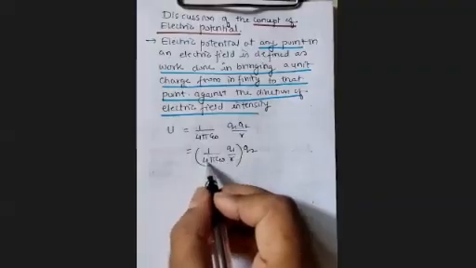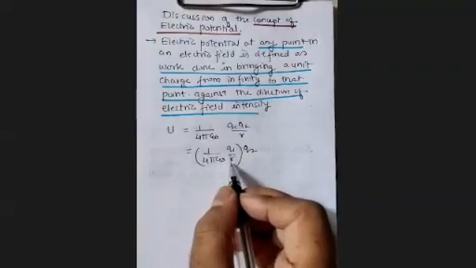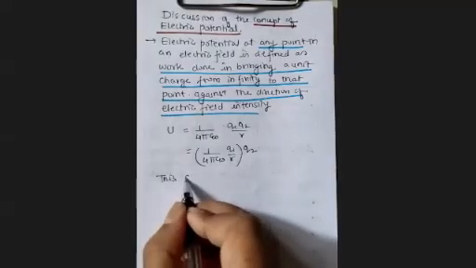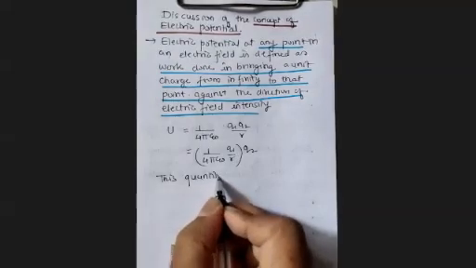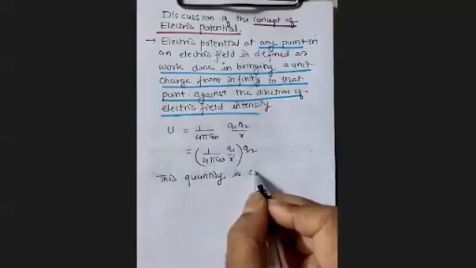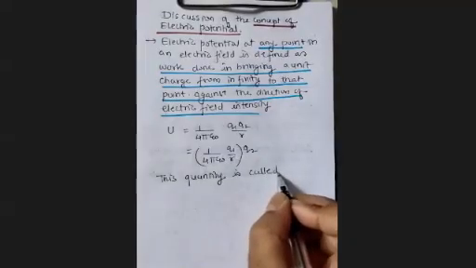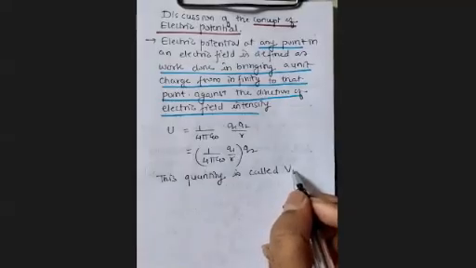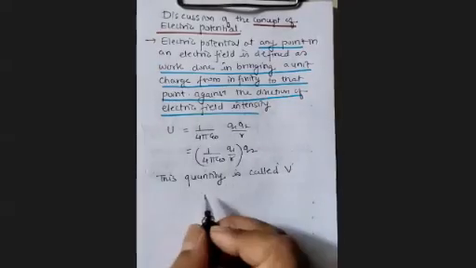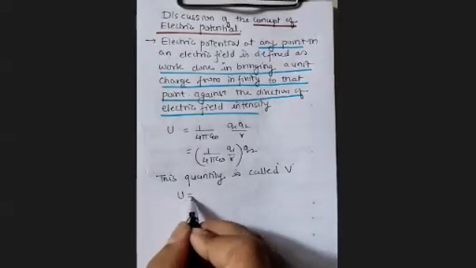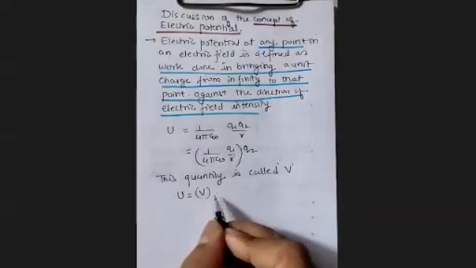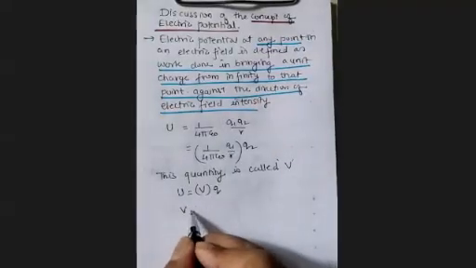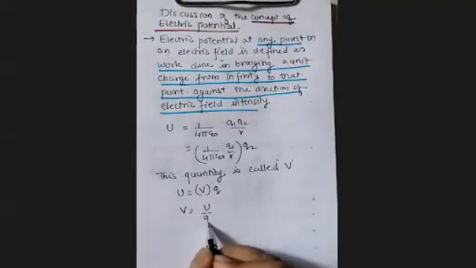Now, 1 upon 4 pi epsilon naught Q1 upon R, this physical quantity is called the electric potential, which is denoted by V. That means the energy is equal to V into Q, or you can say V is equal to U upon Q.